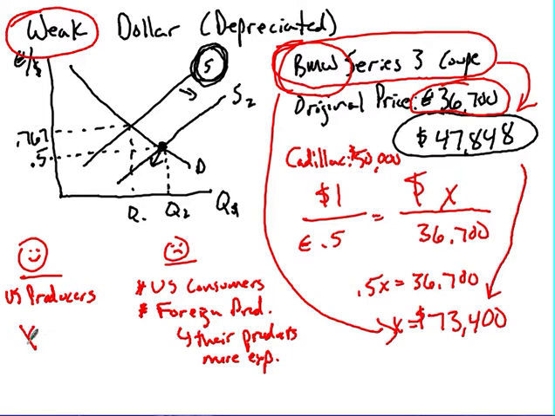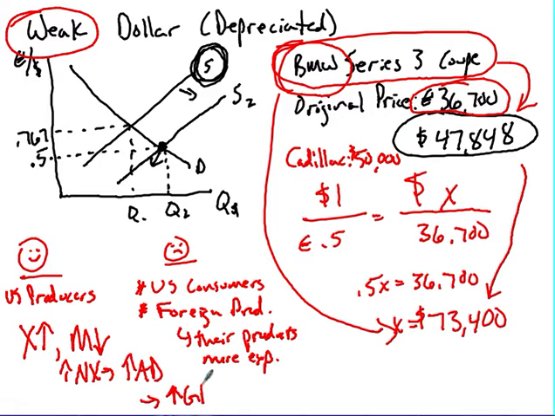And so typically we would see exports rise, and because of what happens to the cost of stuff, imports are going to fall. What's that going to do to net exports? It's going to cause net exports to rise, which causes aggregate demand to rise, which leads to GDP rising. A lot of times, countries like having a weak dollar.